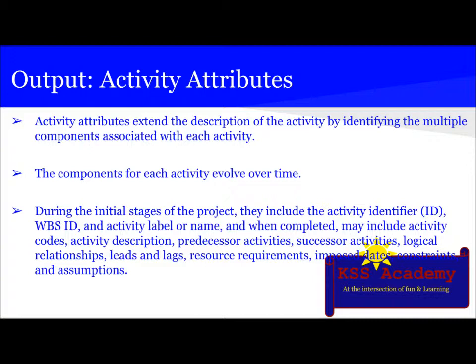When completed, they may include activity codes, activity description, predecessor activity, successor activity, logical relationship, leads and lags, resource requirement, imposed date, constraints, and assumptions. Sometimes activity attributes also help in identifying who is the person responsible for a particular activity from the activity list.